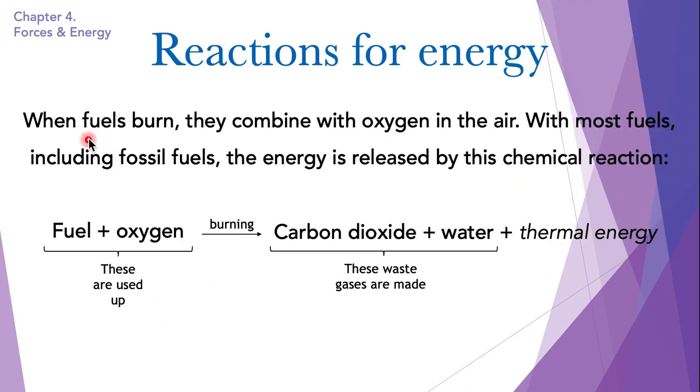When fuels burn, they combine with oxygen in the air. With most fuels, including fossil fuels, the energy is released by this chemical reaction. Firstly, when the fuel is combined with oxygen, it burns and forms carbon dioxide and water. Water and carbon dioxide are waste gases basically, and fuel and oxygen are used up to form these.